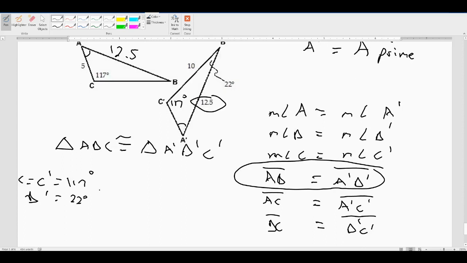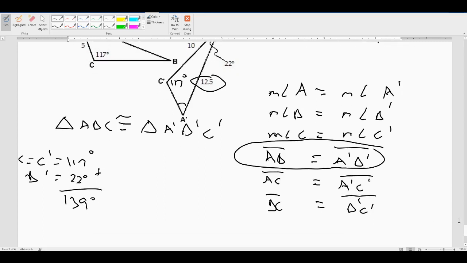So when we add those two together, we get 139 degrees. What do we know about triangles? Their interior angles, their measures equal 180 degrees. So when we subtract that off, 180 minus 139, what do we get? 41 degrees. That's what's left over. That's going to be our A prime.